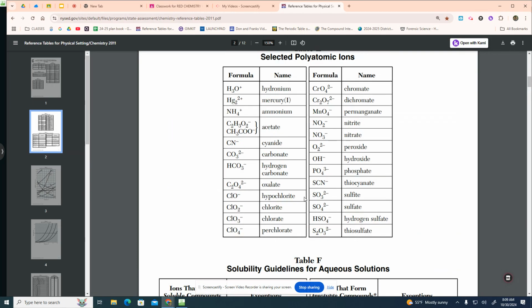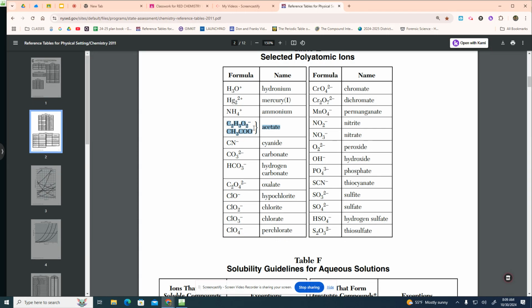I'm on the wrong chart. Ammonium, carbonate, nitrate, hydroxide, phosphate, and sulfate. Okay. And acetate. Sorry, I missed that one. Okay. Those are the most common ones.